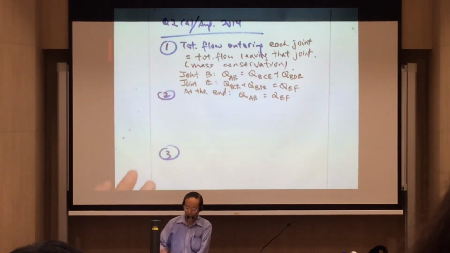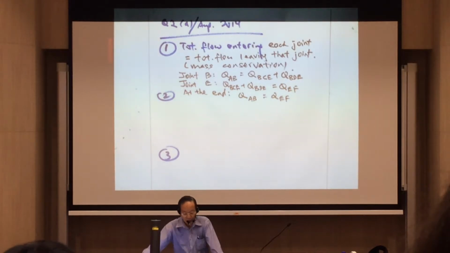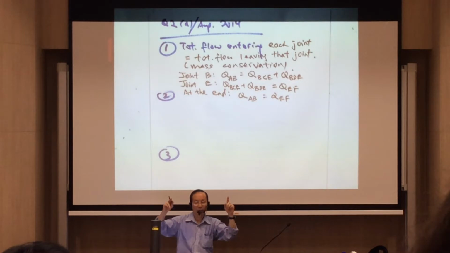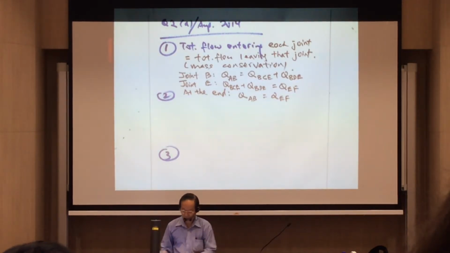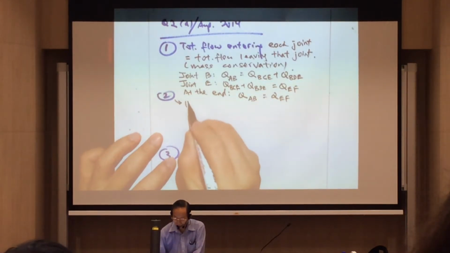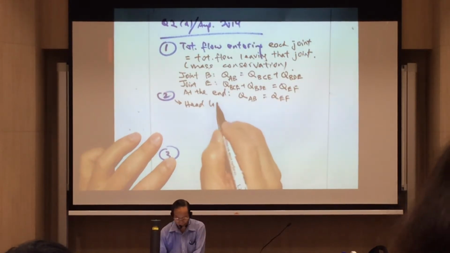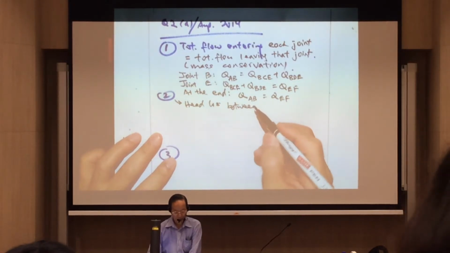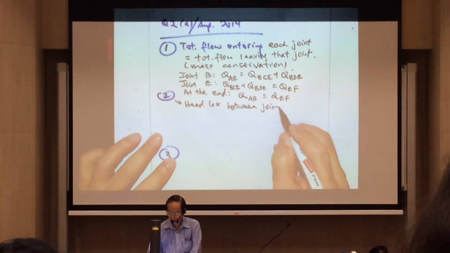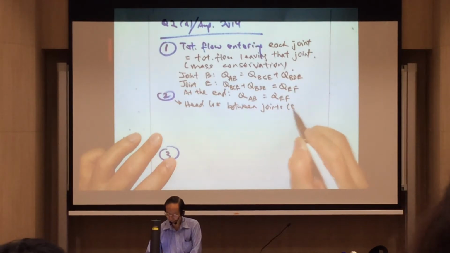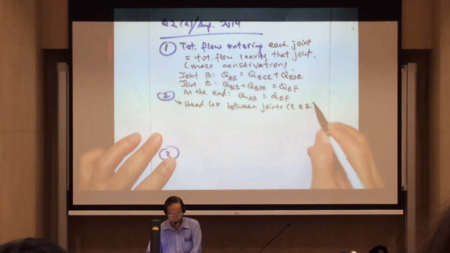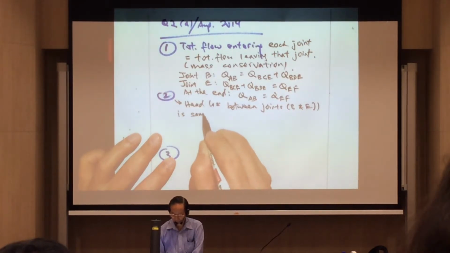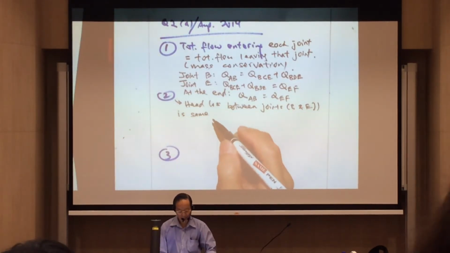The other one, as one of your friends said, is the head loss. Head loss between the two joints, B and E, is the same. 2 is the head loss between joints B and E is the same.